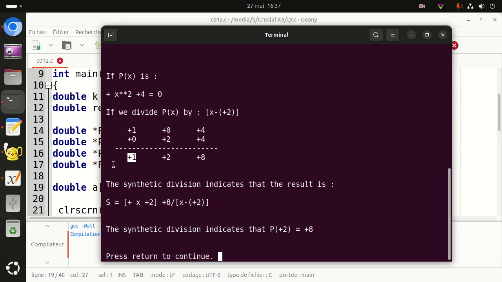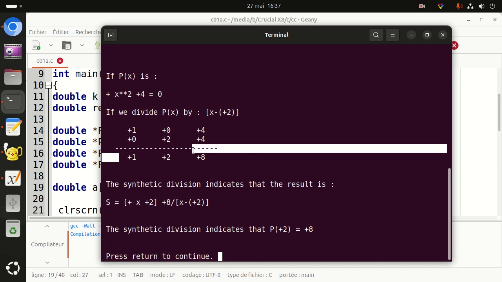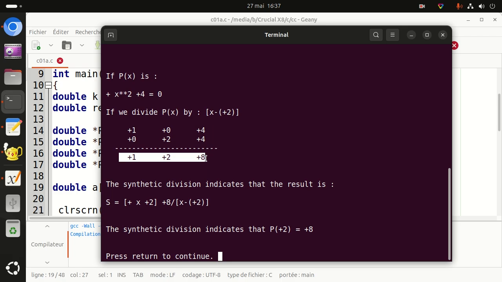Now I multiply plus 1 by 2. This gives 2. I add 0 plus 2 is 2. Now I multiply plus 2 by 2. This gives 4. I add 4 plus 4 is equal to 8. This is the result of the synthetic division.